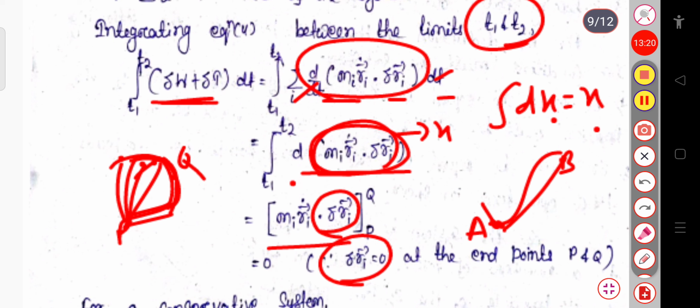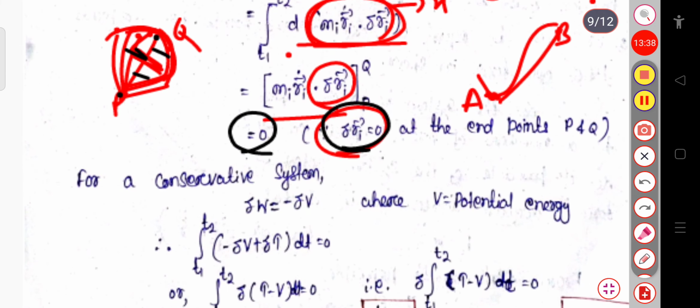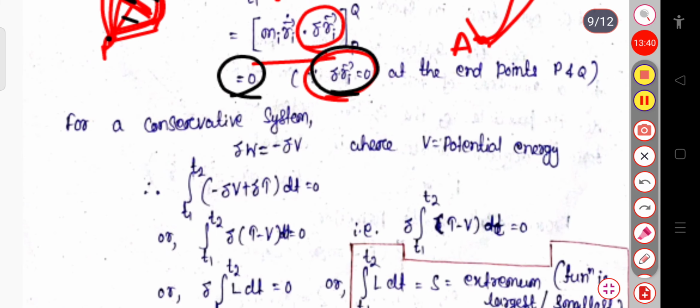But at the midpoint or at any other point, you can see the difference between the actual path and the neighboring path, delta varies. But at the points P and Q, since these are fixed points, we can consider delta Ri to be 0. So here the integration goes to 0. So finally, for the conservative system, we can write delta W equals minus delta V, where V is the potential energy.